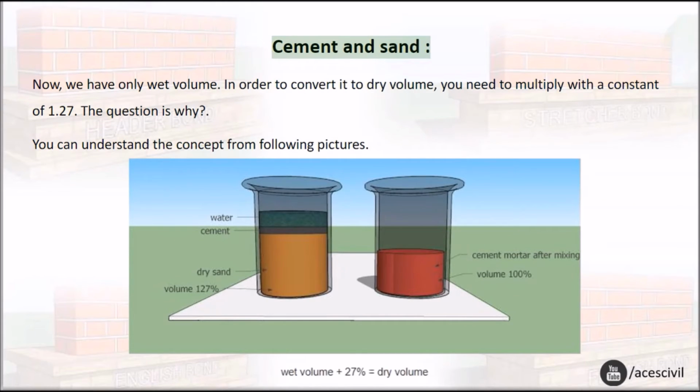Cement and sand. Now we have only the wet volume. In order to convert it to dry volume, you need to multiply by a constant of 1.27. The question is why? You can understand the concept from the following pictures.